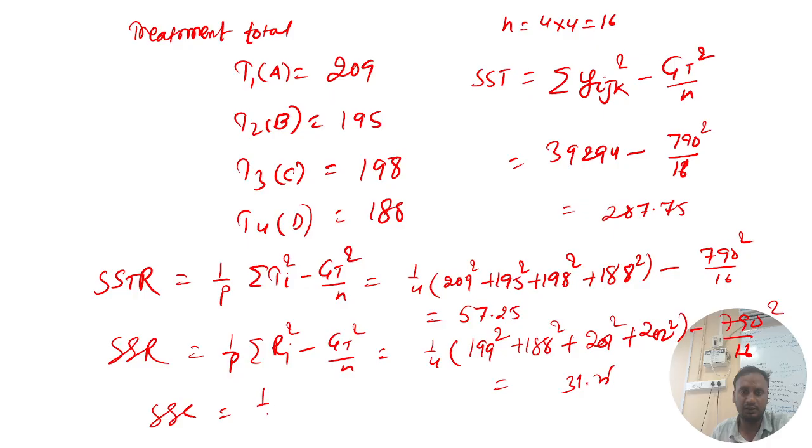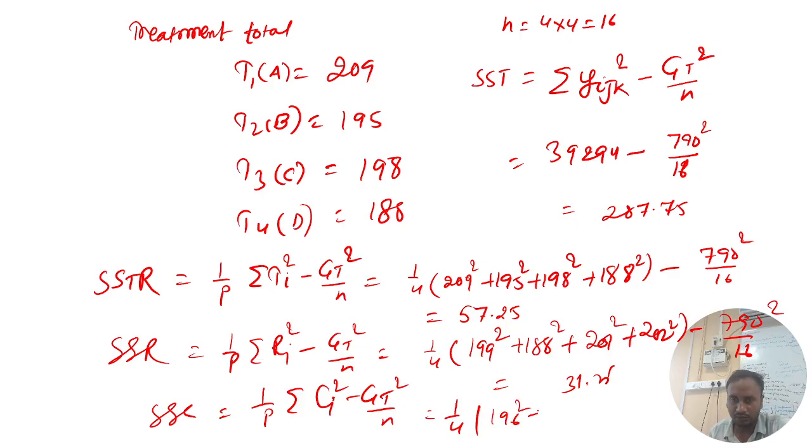Similarly SSC is 1 by P summation of C square minus GT square by N. SSC is 1 by 4 times 196 square plus 196 square plus 199 square plus 199 square minus 790 square by 16. It came to 2.25. So now we have done with SST, SSTR, SSR, SSC.